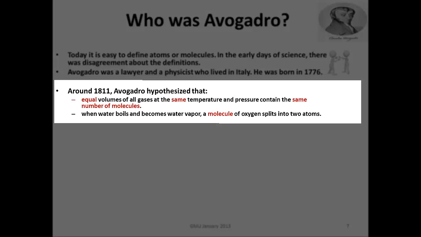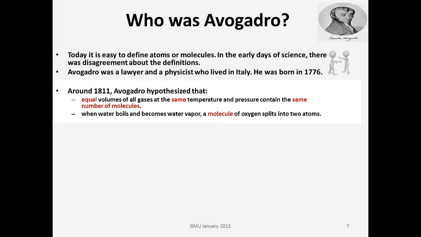Around 1811, Avogadro hypothesized that equal volumes of all gases at the same temperature and pressure contain the same number of molecules. When water boils and becomes water vapor, a molecule of oxygen splits into 2 atoms.